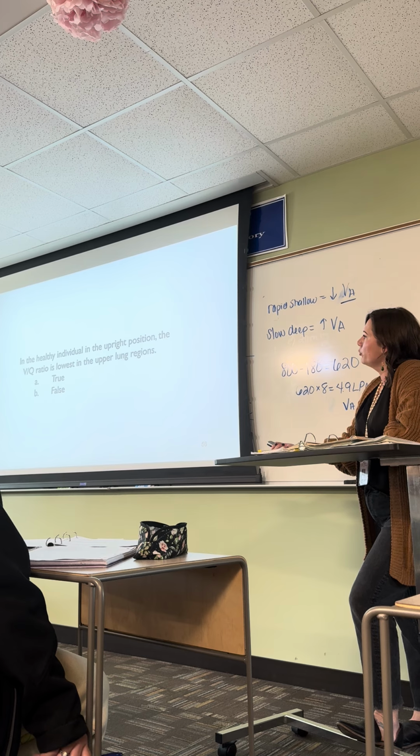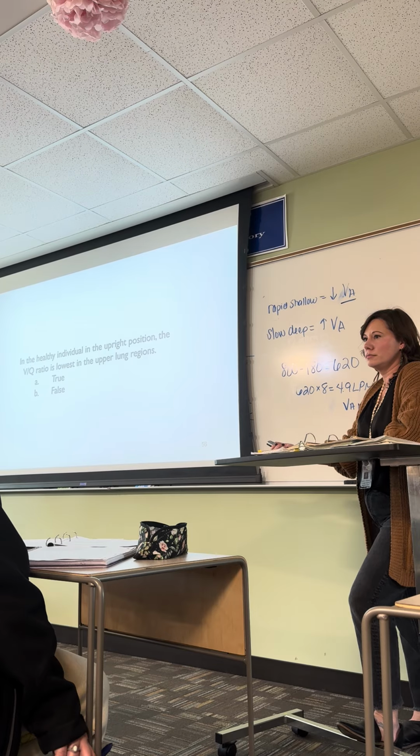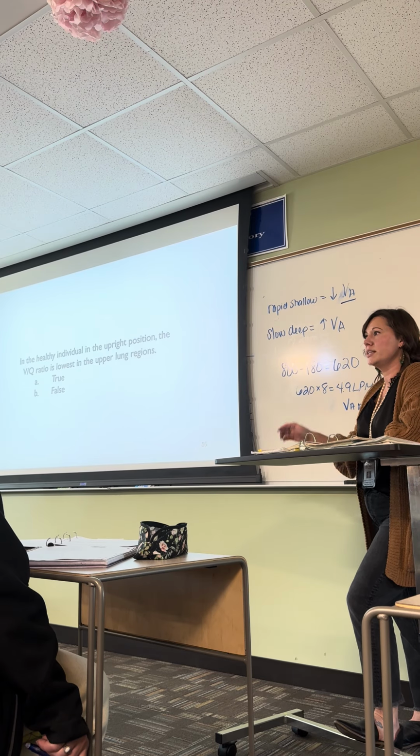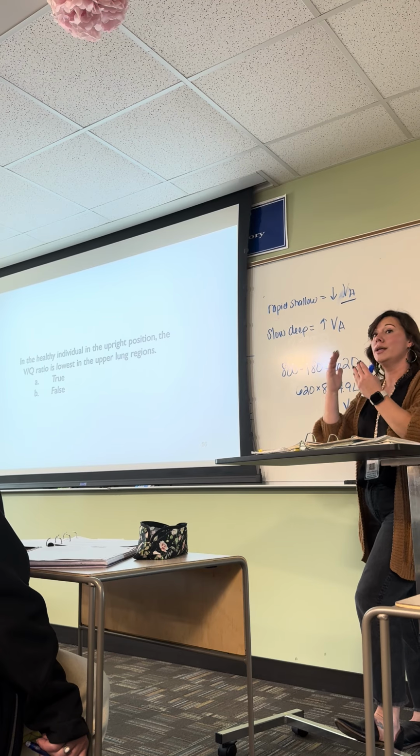So then we're going to flip it. In a healthy individual in the upright position, the VQ ratio is lowest in the upper lung regions. False. Again, if it says it's a low VQ ratio, what is it talking about? Low ventilation.